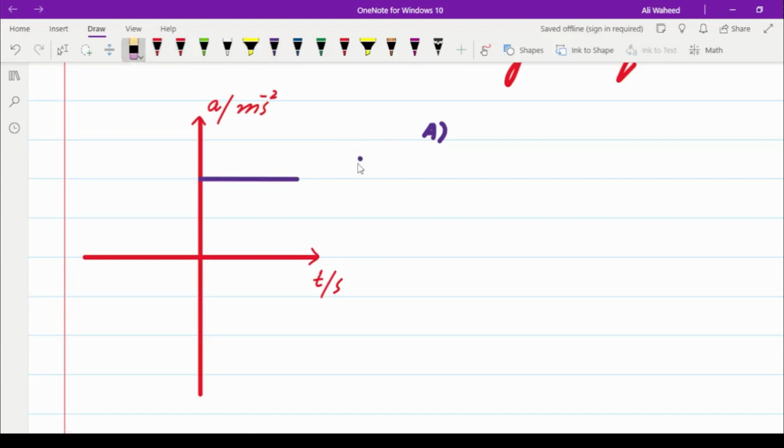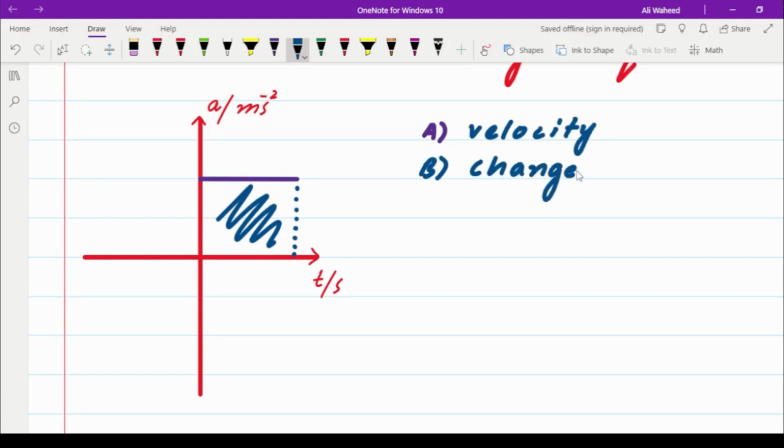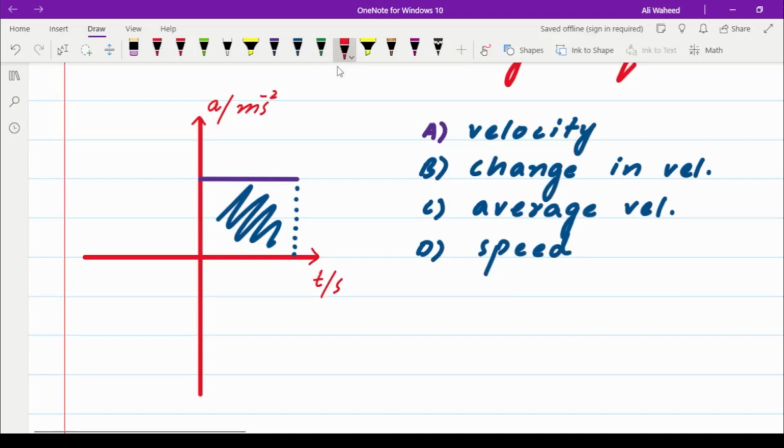So this is the information that is given in the question, and the question is, what does the shaded area of the graph represent? And the options are given there for this question. This is the shaded area.